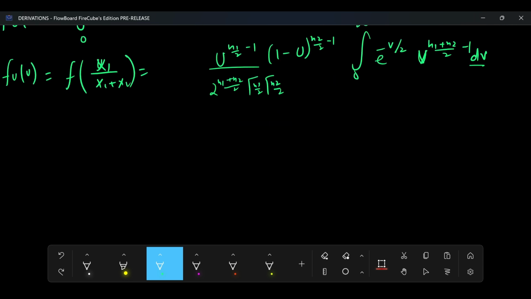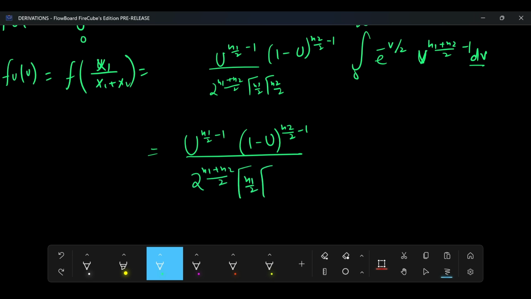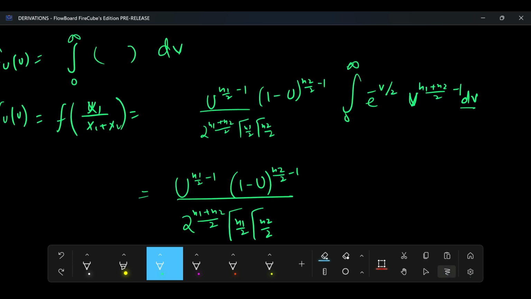So now this is equal to u^(n1/2 - 1) (1 - u)^(n2/2 - 1), times 1 upon 2^((n1+n2)/2) gamma(n1/2) gamma(n2/2), integral from 0 to infinity, and this will be nothing but gamma((n1+n2)/2) upon, what will this be, 1 by 2^((n1+n2)/2).